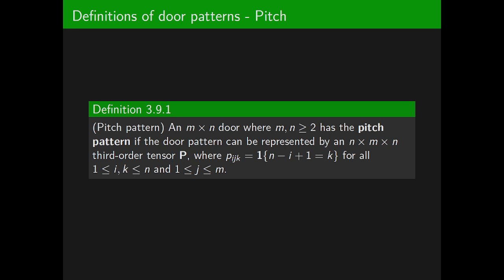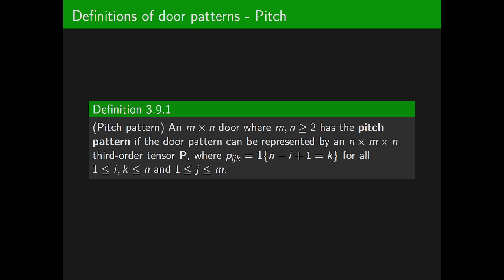Notice j doesn't even appear in the indicator function, although we still have to bound j because we cannot accept j as some non-accepted values.